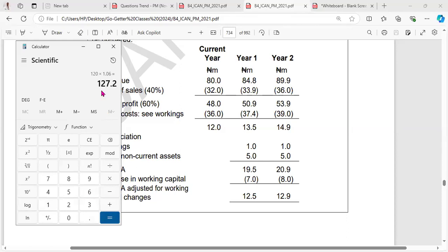That will give you 127. That's why you see 7 here. Times again 1.06. So 127 to 135. That's 8. So the difference between 127 and 135 is 8. That's what we have here.